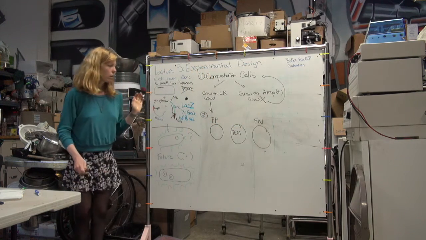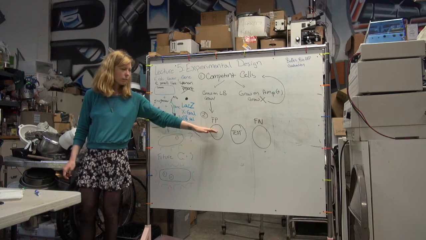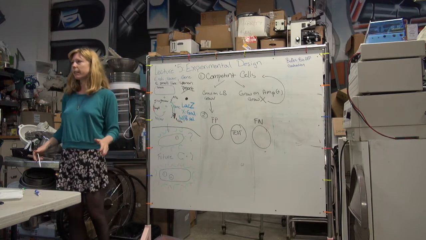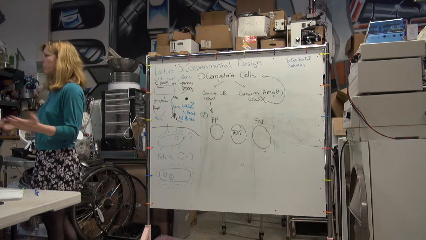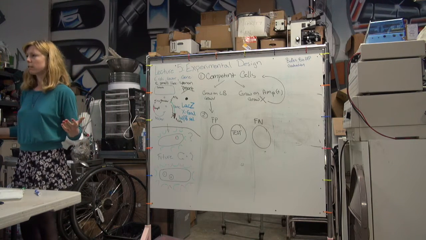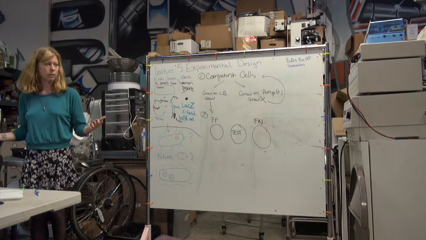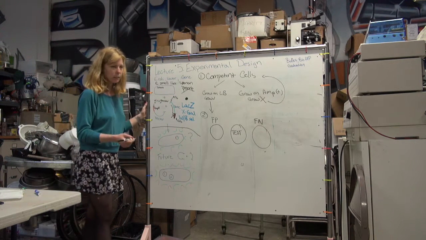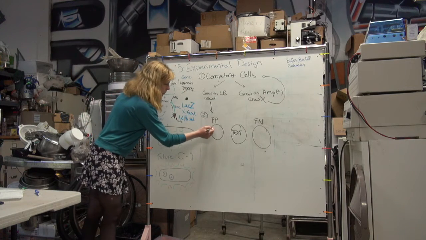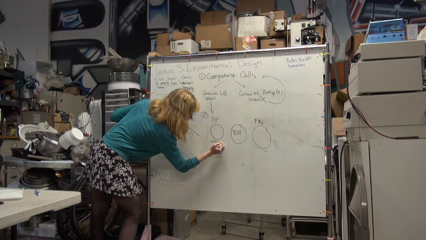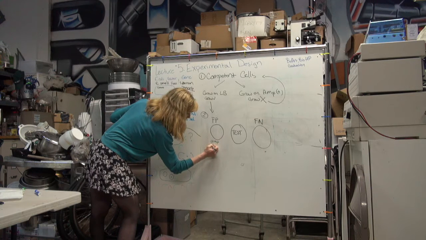So what would happen in a false positive? That means we think we got a positive transformation, but it wasn't a positive transformation. The cells would grow. Yeah. So this would be our competent cells minus the plasmid.